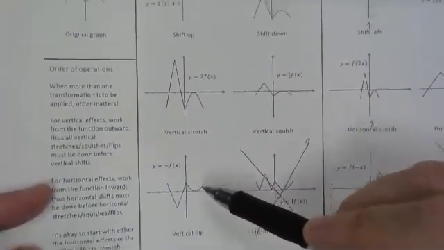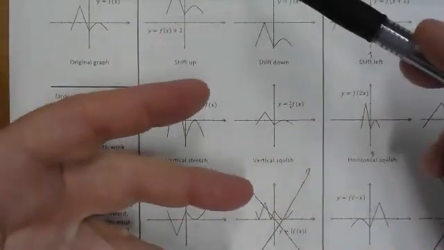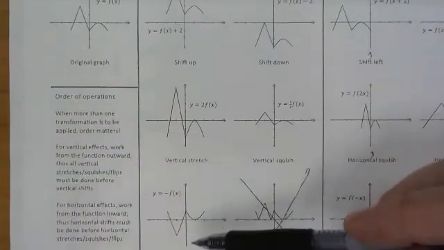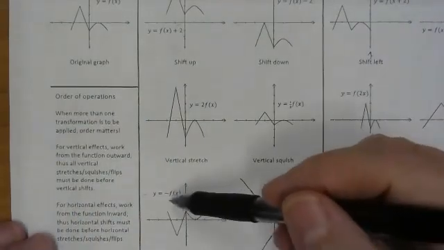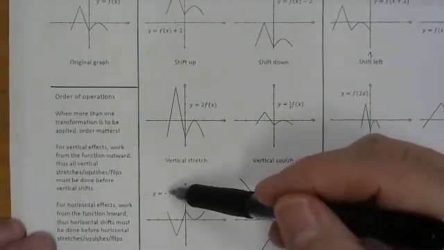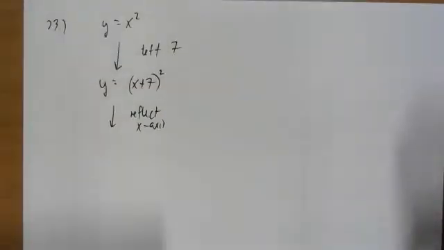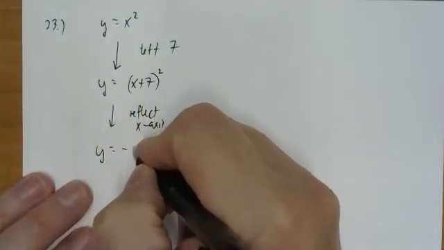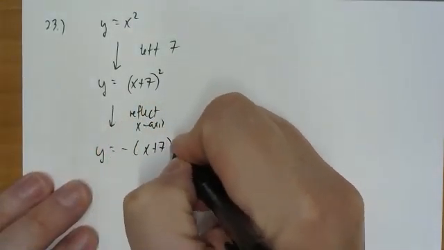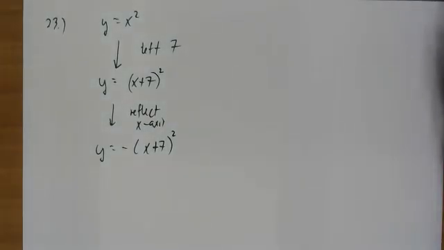What they call vertical flip is where you rotate it around the x-axis, because the other one is where you rotate it around the y-axis. So it's this one. It looks like you put a negative sign way out in front. You put the negative sign as the very first thing when you write the equation.